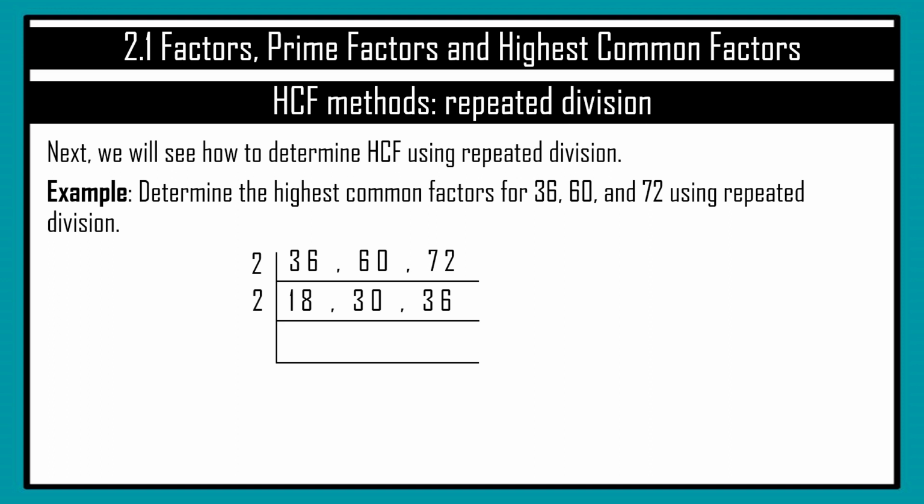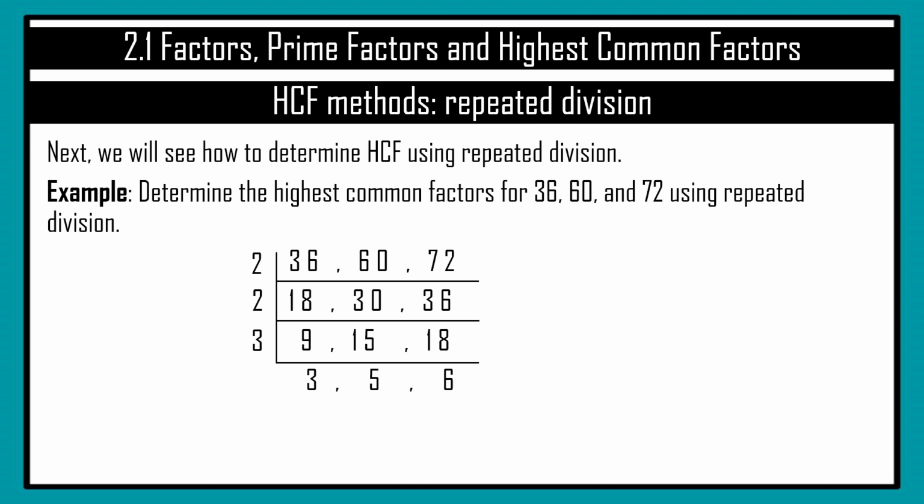Okay, so when I divide 18 with 2, I get 9, 30 with 2, I get 15, 36 with 2, I get 18. Alright, 9 can still be divided, as well as 15, as well as 18. All of them can be divided with number 3. So when I divide those with number 3, I get 3, 5 and 6 respectively.